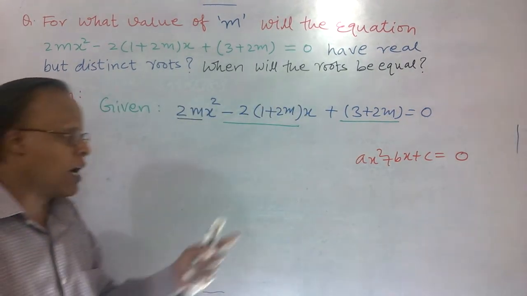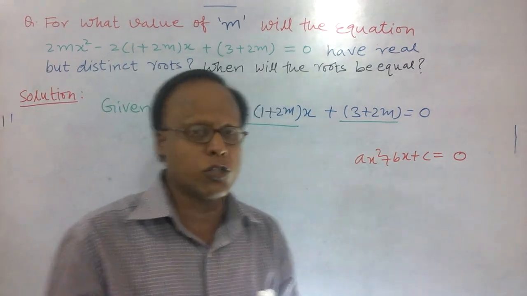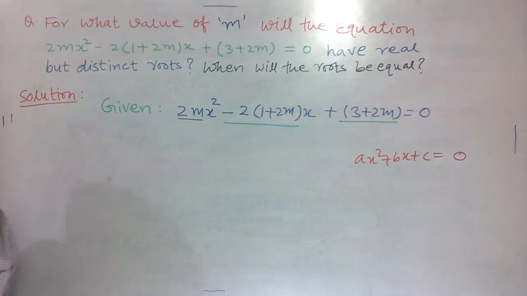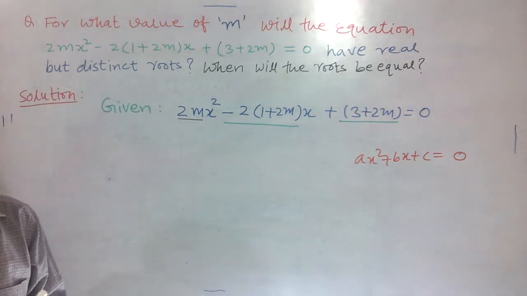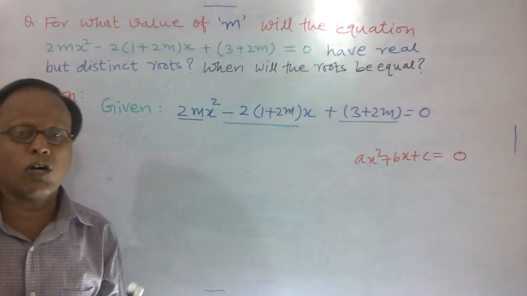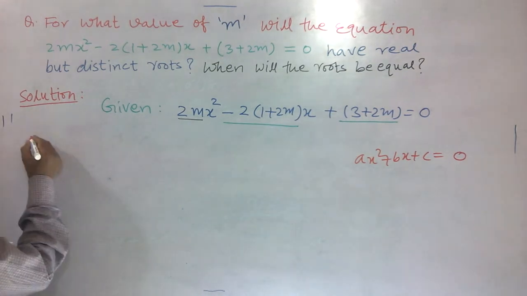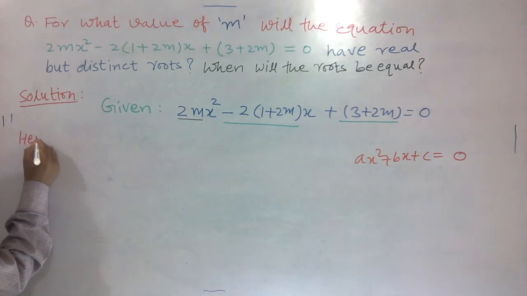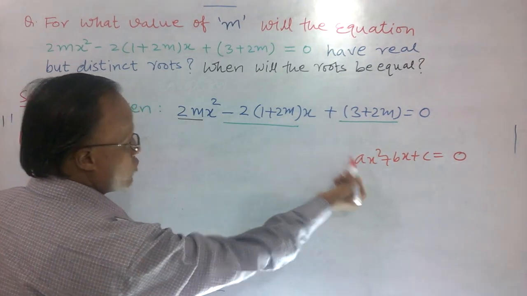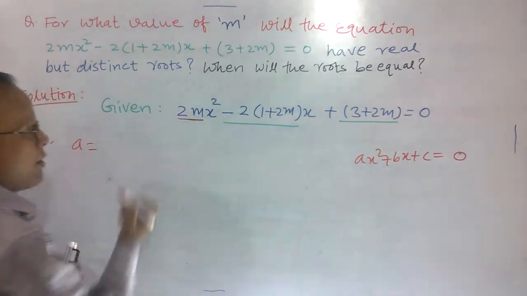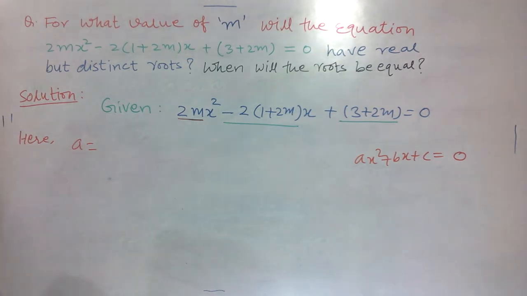Now ax square plus bx plus c equal to 0. Compare the given equation with this quadratic equation, then we get the value of a, b and c. So here a is the coefficient of x square, so this is 2m.